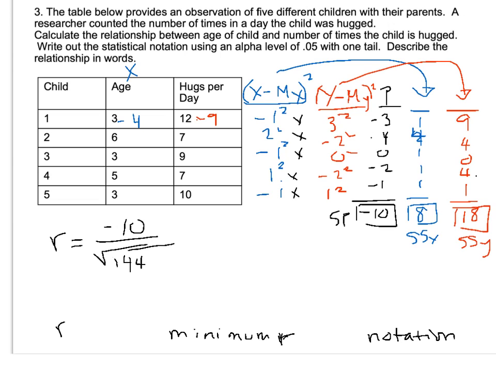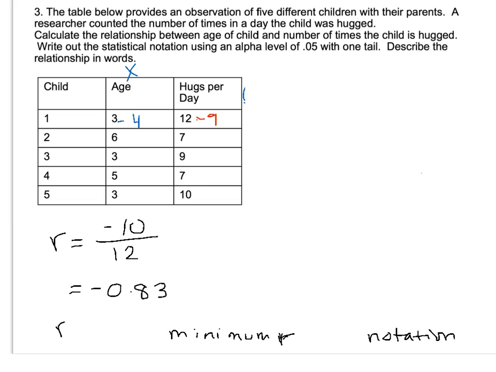I then take the square root of 144, and I am left with 12. I then do negative 10 divided by 12, and I am left with negative 0.83. And so my R, my correlation, is negative 0.83.